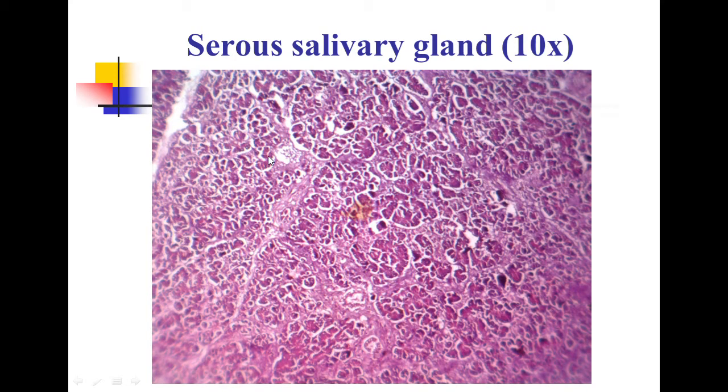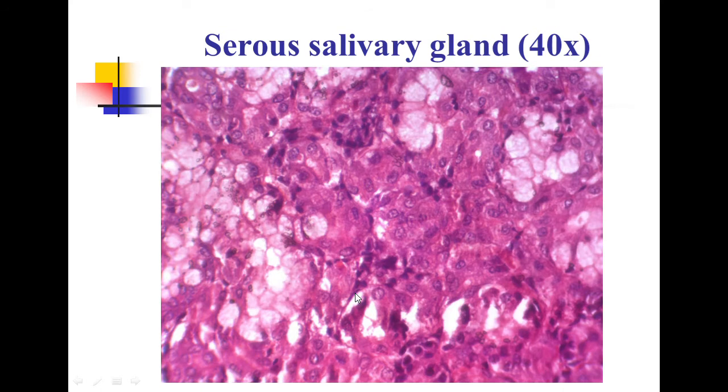These are serous acini. So all these are the serous acini. Here you can see the duct. This is the duct, and here also this is a duct which is a striated duct. So these are the serous acini with ducts.